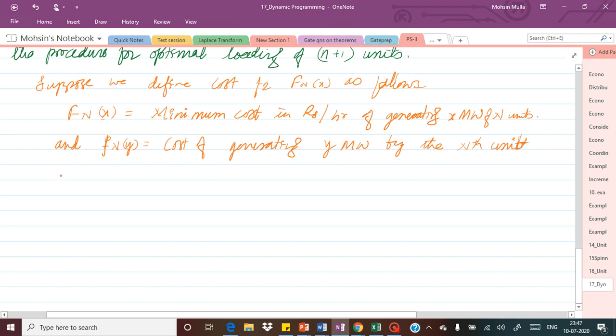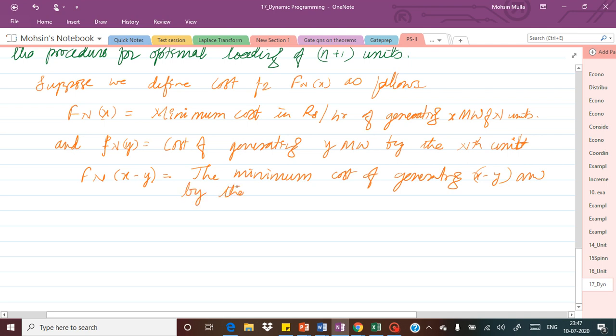Therefore, we can write f(x minus y) as the minimum cost of generating x minus y megawatt. Following the same lines, x minus y megawatt by the remaining units, which is nothing but n minus 1 units.